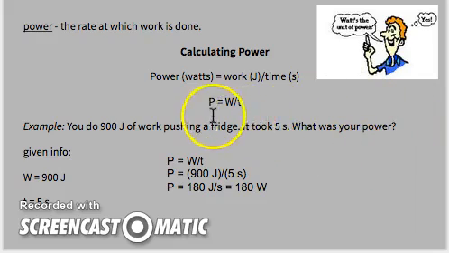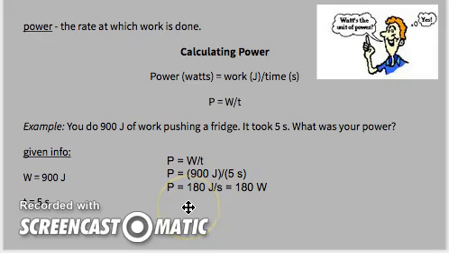Okay, so we're going to use this formula in which we've got P is equal to W, work, divided by T, time, and we're going to substitute those values into the formula. So power, P, equals 900 joules divided by 5 seconds. That's the time.